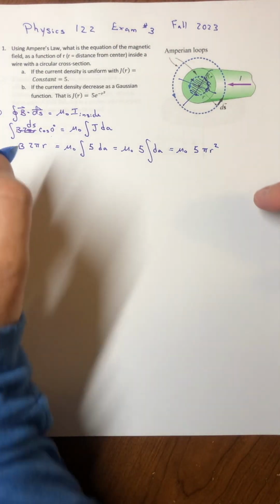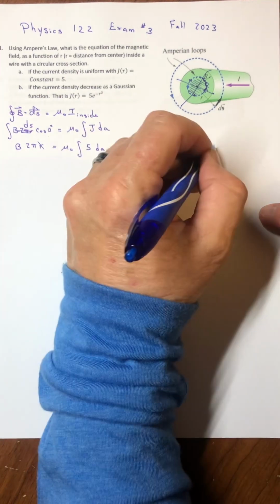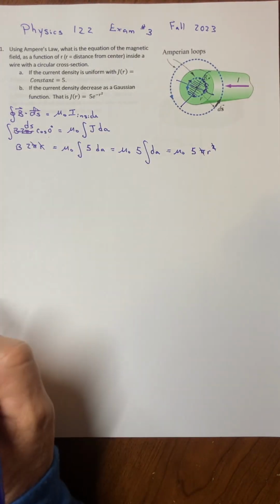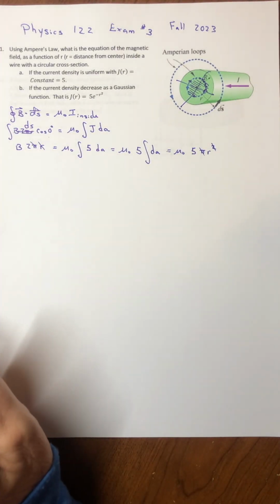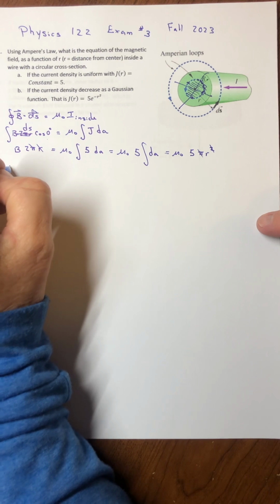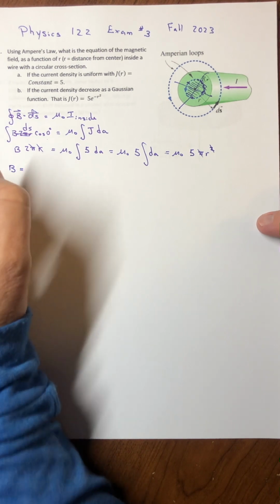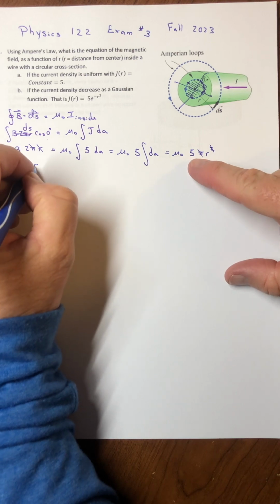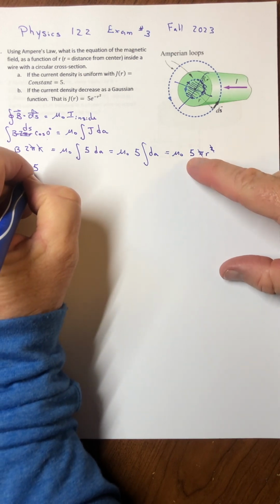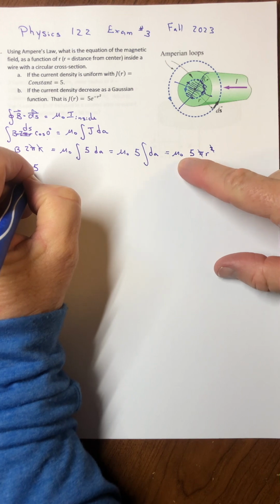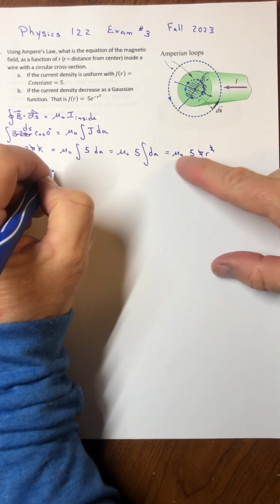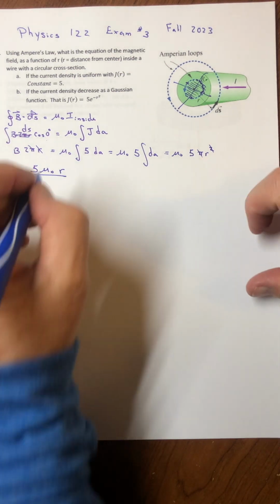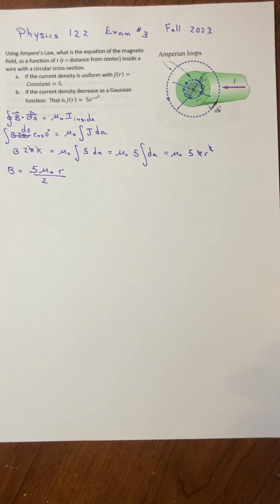And then once we do that, we can see that there's an r on each side, there's a pi on each side, and so we get B is equal to the 5 times mu naught times r over 2.